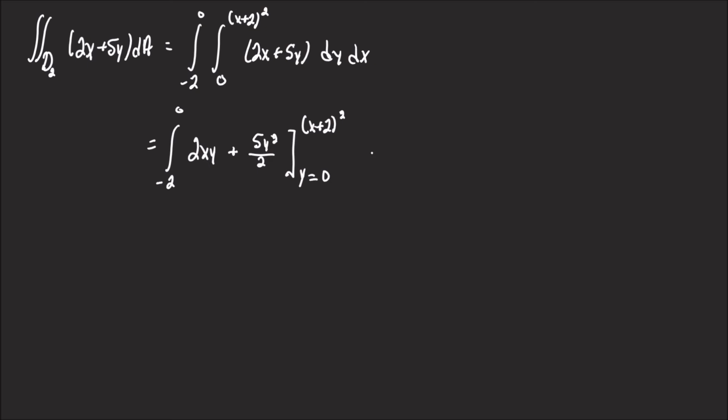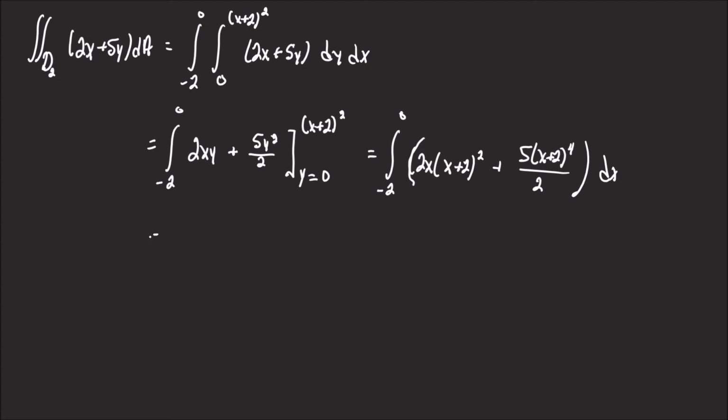This will give the integral from -2 to 0, 2x minus x plus 2 squared plus 5 times x plus 2 to the 4th all over 2, which will evaluate out to 40/3.